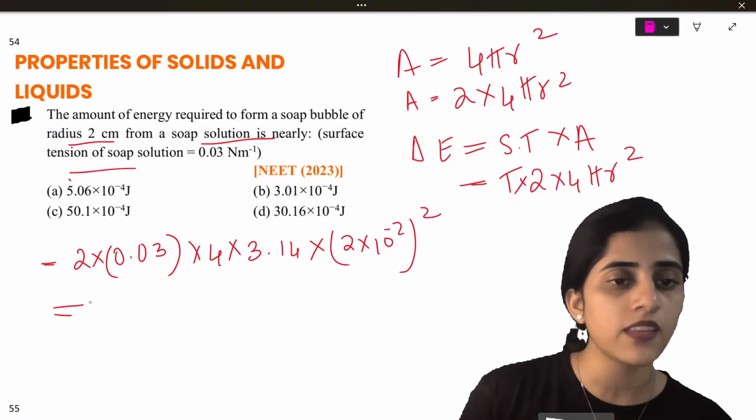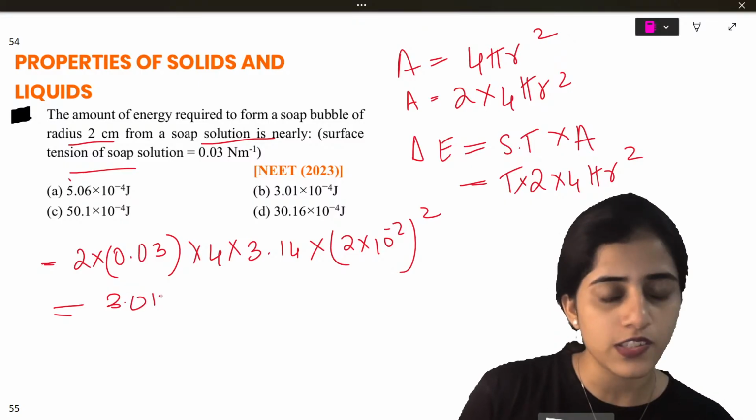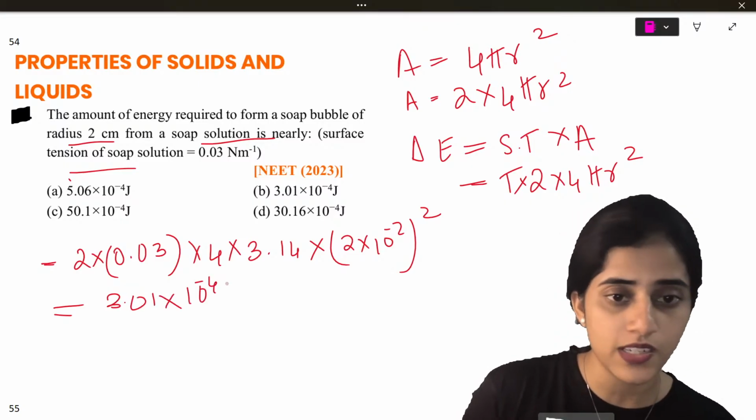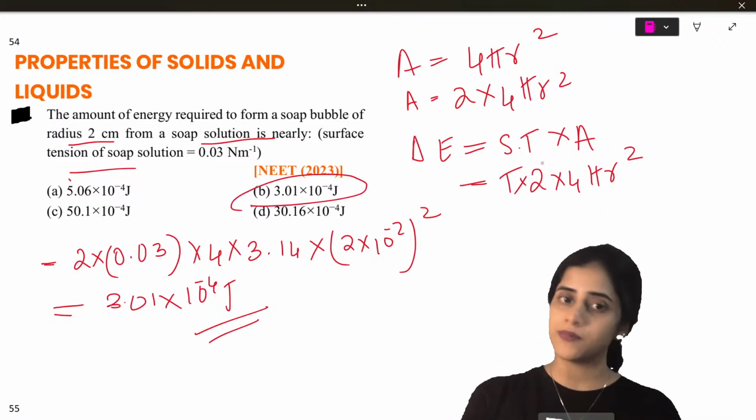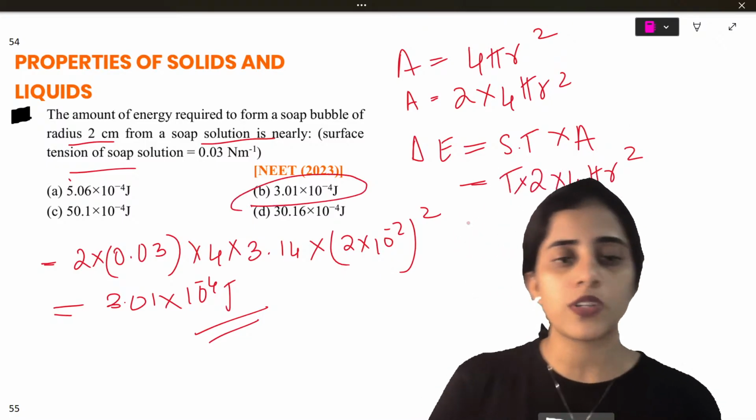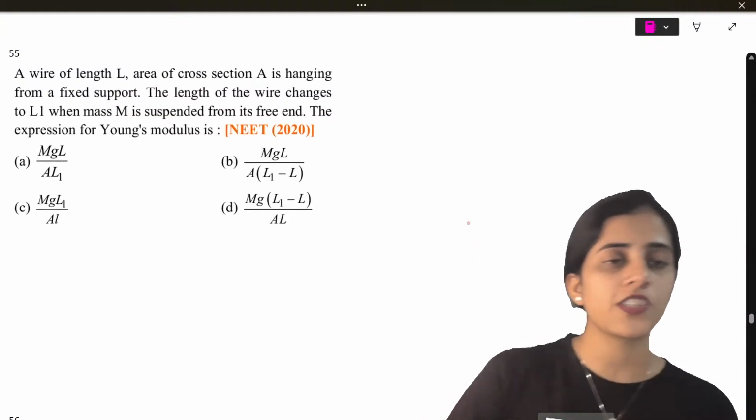If you do the math, you will get 3.01 into 10 raised to minus 4 joules, which is option B. Okay, simple question.